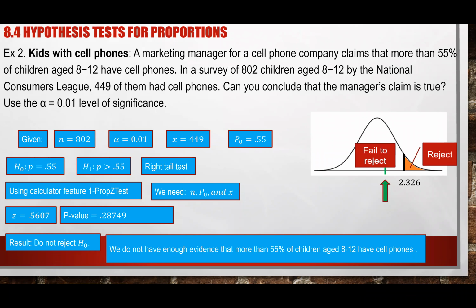Before they design a cell phone, they want to know if it's possible that more than 55% of them buy or have a cell phone. So they do the test and they say, based on the information we have, we don't have enough evidence that more than 55% of them do. Because we don't have enough evidence, we might not want to create this cell phone.